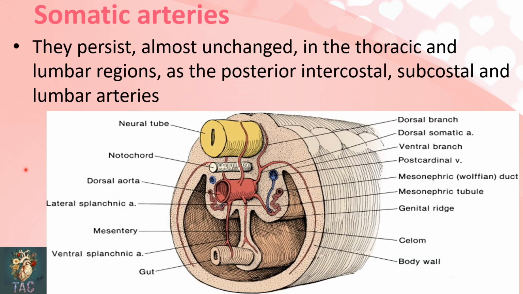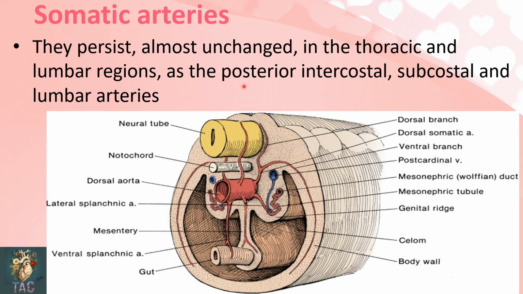So first of all, the somatic arteries. Here you can see this is the somatic artery. Then it divided into two branches, the dorsal branch and the ventral branch. The dorsal branch goes on sides of the neural tube and supplies it, and the ventral branch comes to the body wall. So these are somatic arteries.